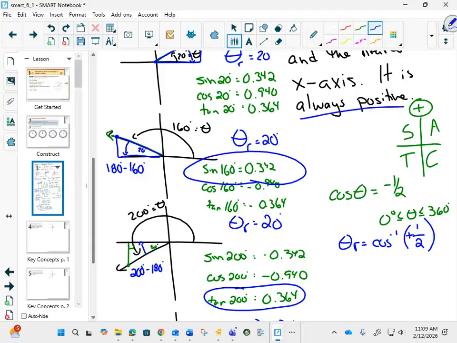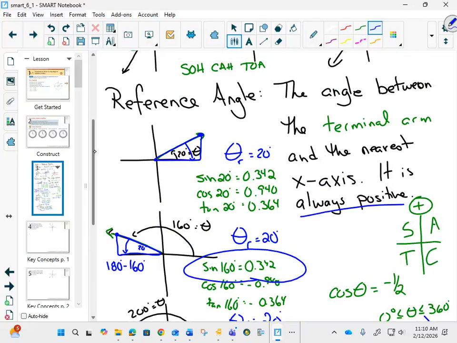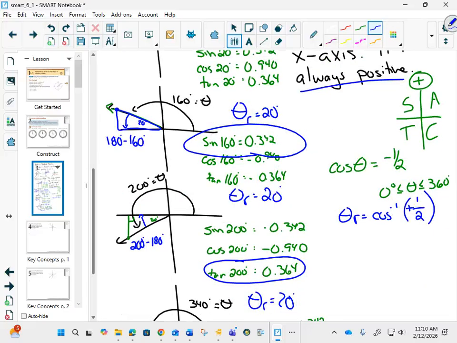And since reference angles are always positive, when you find them, you always plug in positive values to guarantee you get an answer in quadrant 1. We type this into our calculator and we find out that our reference angle is 60 degrees.